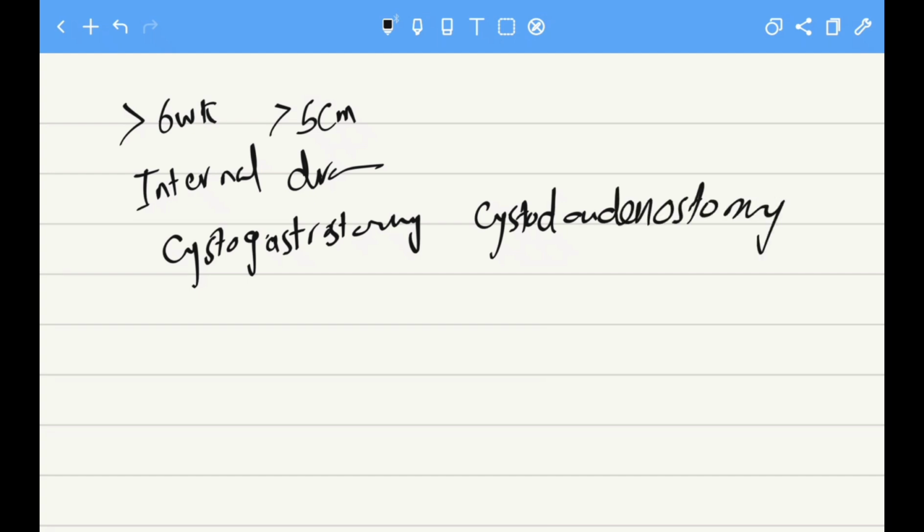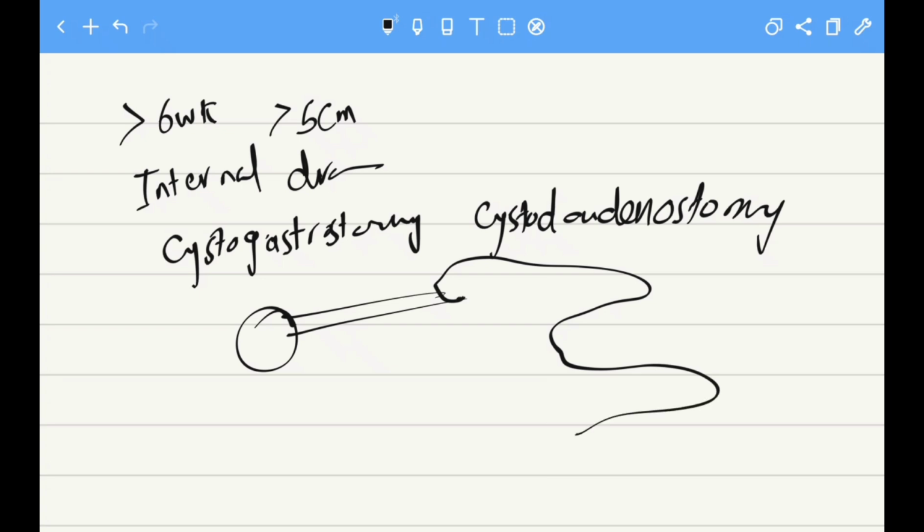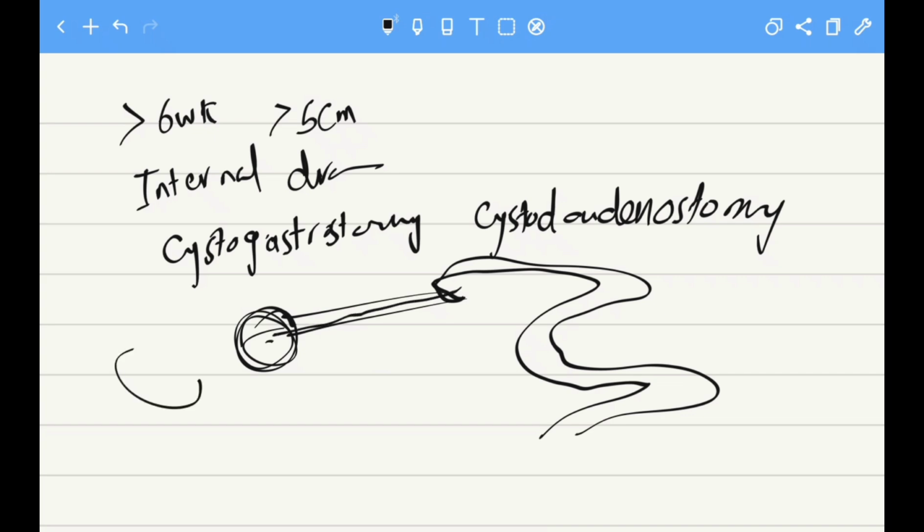I will make a tube between the cyst and the duodenum or jejunum so that the cyst drains into the duodenum and jejunum, and it will disappear.